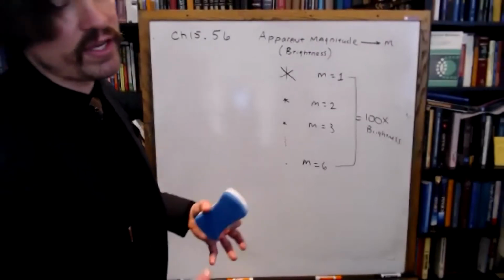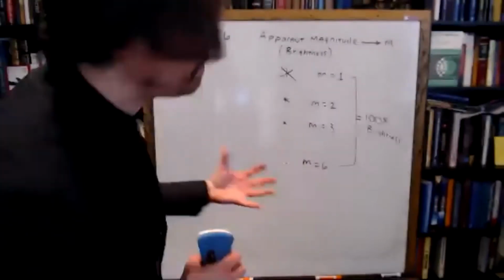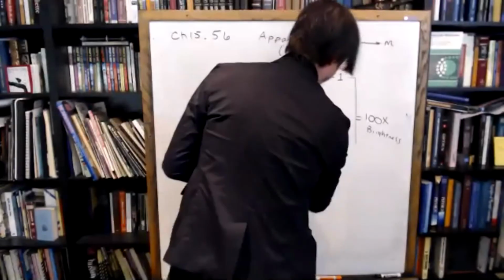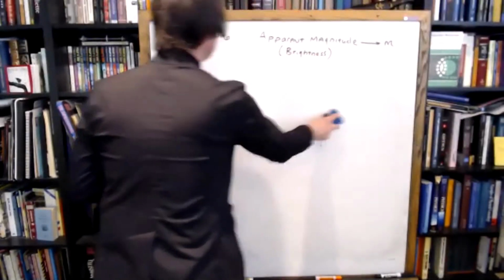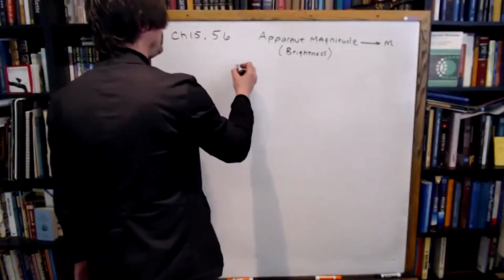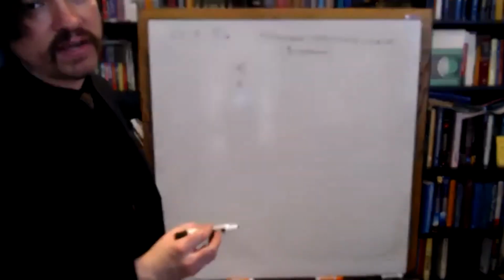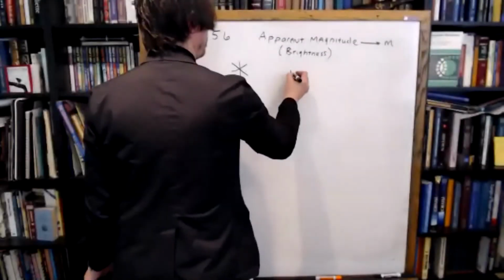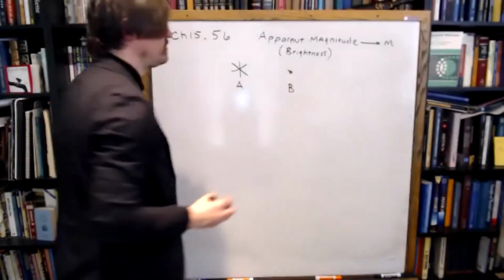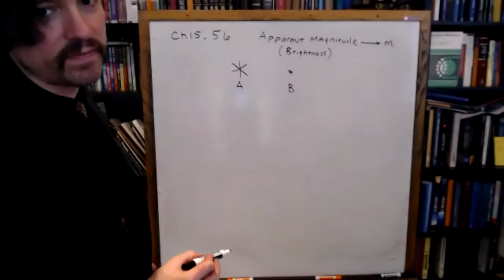So here's the equation that we need to go from magnitudes to brightness. I want you to write this down. To convert between the two, let's imagine that we have 2 stars. An A star, which is the brighter star, and a B star, which is the dimmer star. We're going to use A and B here.